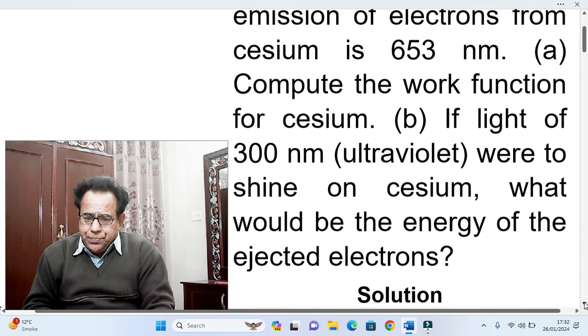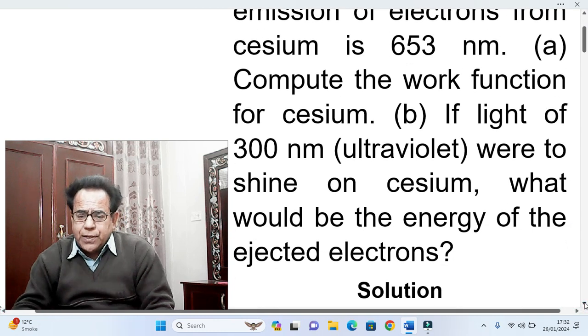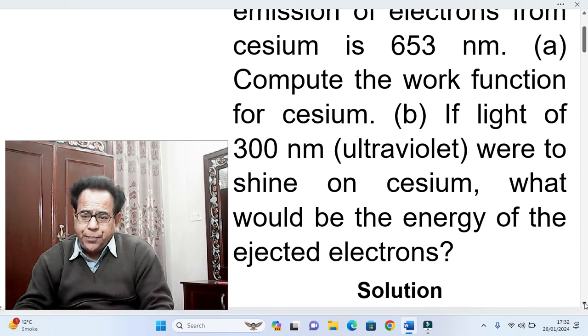Part A: compute the work function for cesium, phi. Part B: if light of 300 nanometer ultraviolet were to shine on cesium, what would be the energy of the ejected electrons?